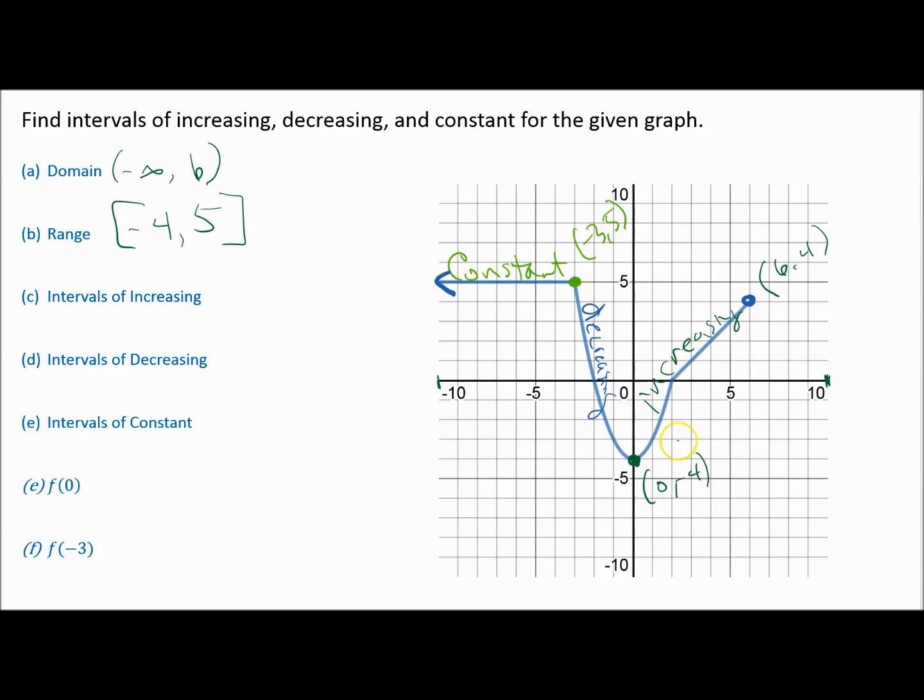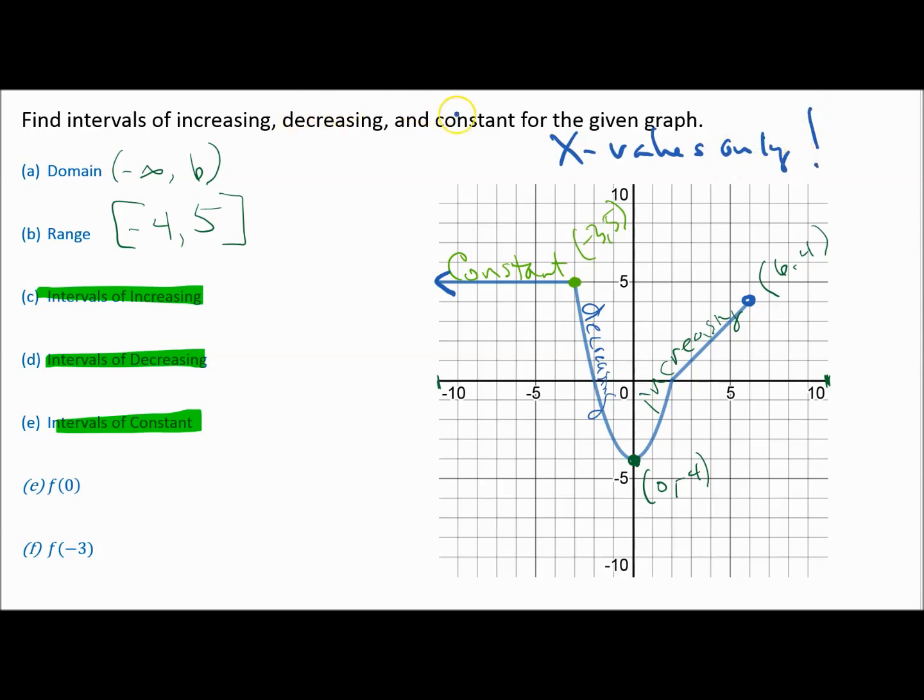So increasing, where does the graph begin increasing? Well, first thing you would say is 0, -4. But when you answer all of these questions, when you answer increasing, decreasing, and constant, you use x values only, okay?